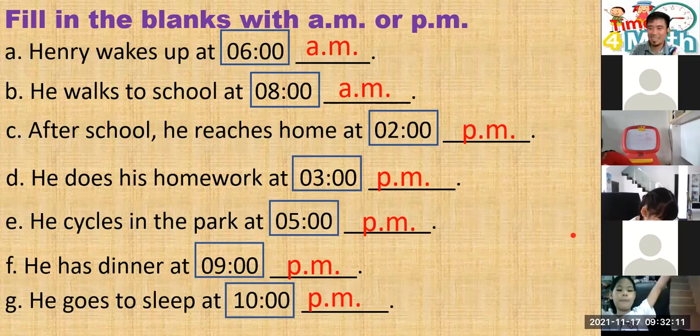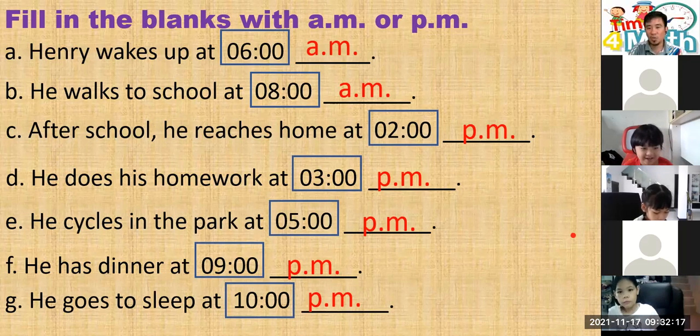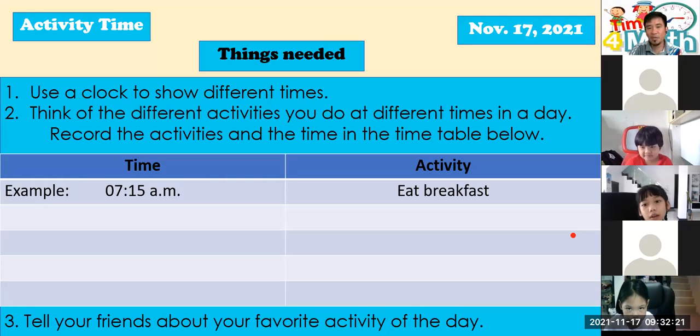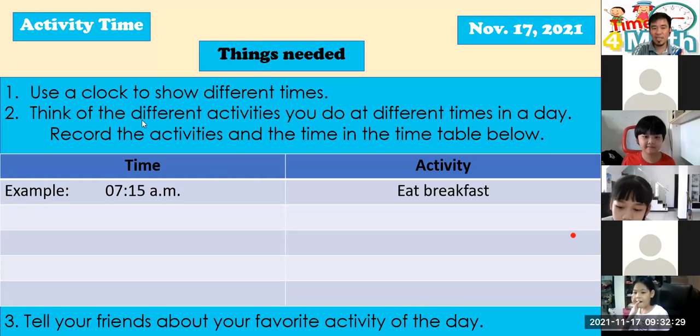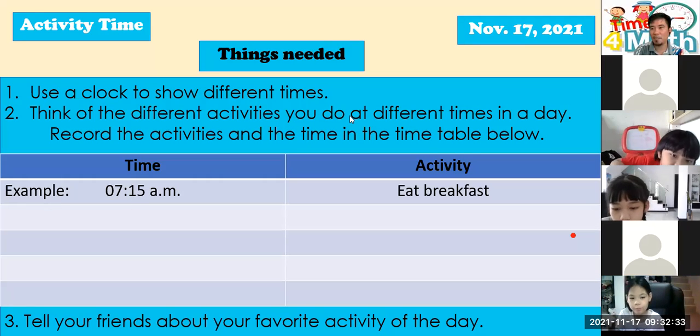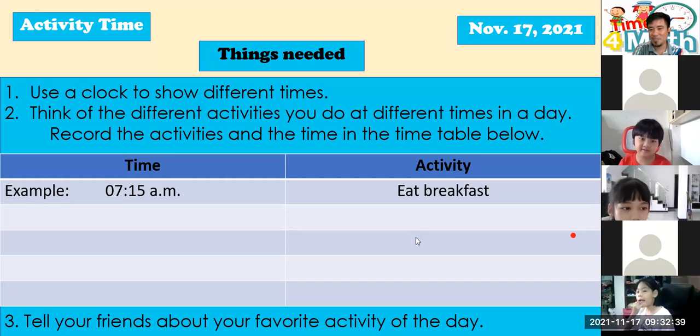Okay, it's so easy. So that's all for today, and I have something to tell you. Now, I want you to do this one. I will send it to you. You need a clock, and then you write here, for example, 7:15 a.m. is eat breakfast.